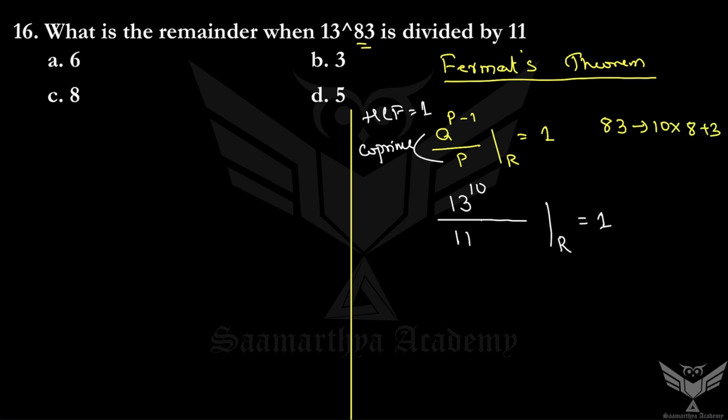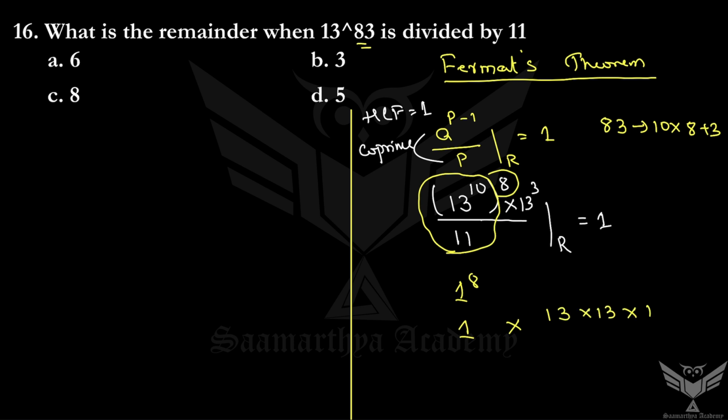That is nothing but (13 power 10) whole power 8, into 13 power 3. Now according to Fermat's theorem, this should give me the remainder 1. So 1 power 8 is my remainder, nothing but 1 only. Into 13 power 3, which is nothing but 13 into 13 into 13 divided by 11. If I divide everything by 11, here remainder is 2, 2 and 2. 2 into 2 into 2 is 8, into 1 will give me 8. So the answer is 8.